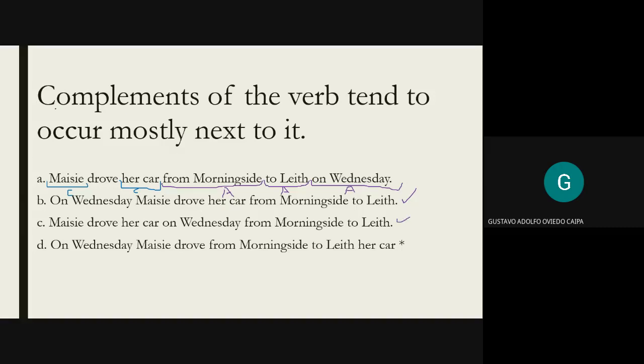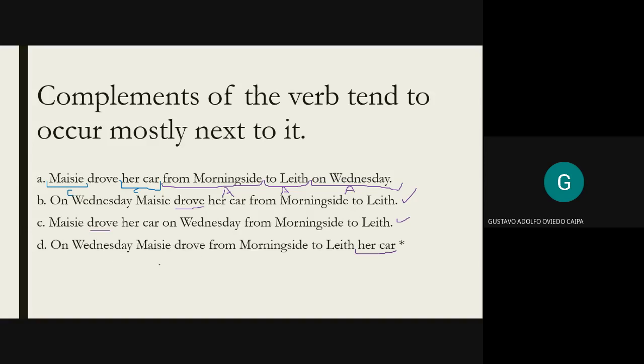As you can see, the complements of the verb tend to occur mostly next to the verb. In these two sentences, Macy and her car, which are complements, occur next to the verb drove. But in this last one, which I separated, her car, it feels very weird.